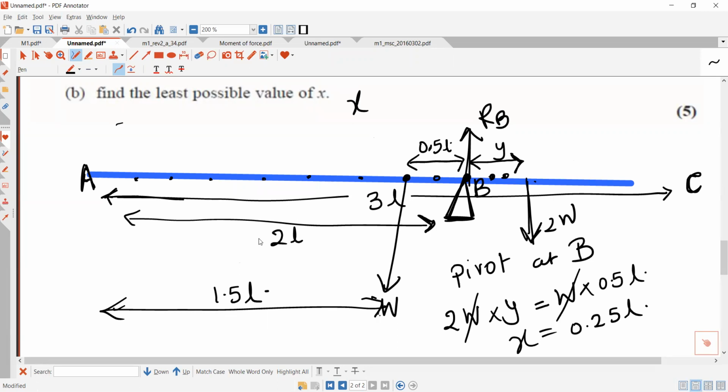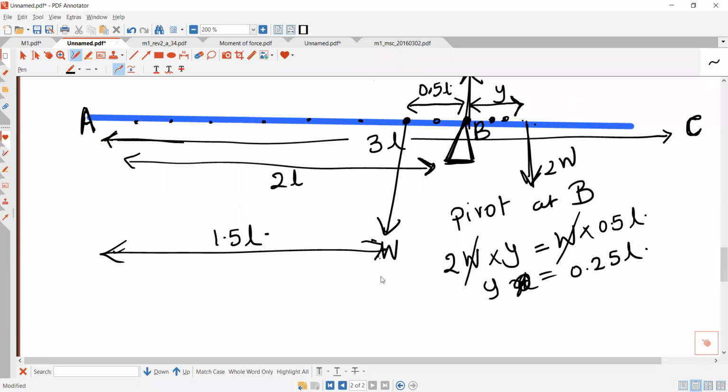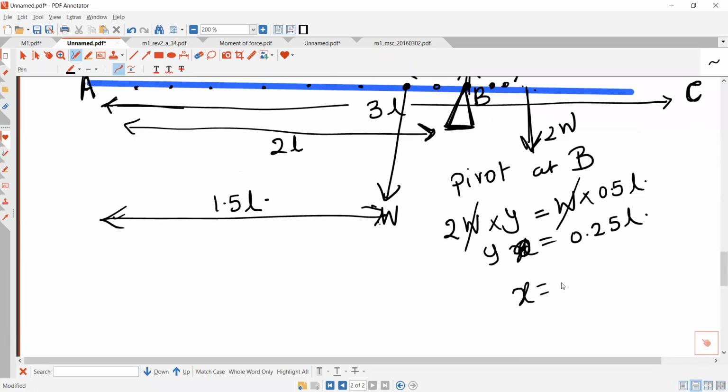What is the Y value you guys got? 0.25 L. So this is 0.25, and from here to here is how much? 2 meters, right? So plus 2 meters. So X is 2.25 L. Online people, understood or not?